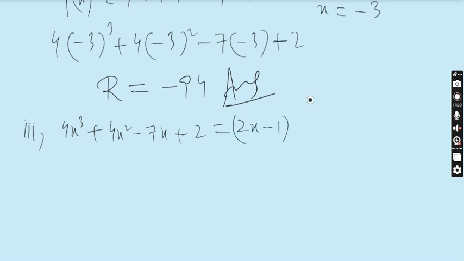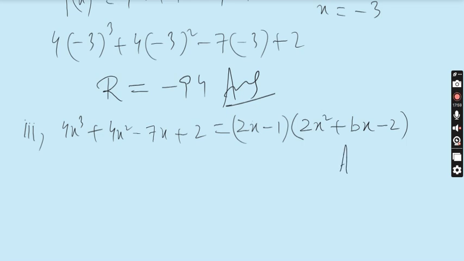So write 2x minus 1 multiplied by, what should be the first term, so that when we multiply it by 2x we will get 4x cubed, obviously 2x squared, and write plus bx. b is the constant, and what should be put over here, so that when we multiply by minus 1 we will get plus 2, obviously negative 2.